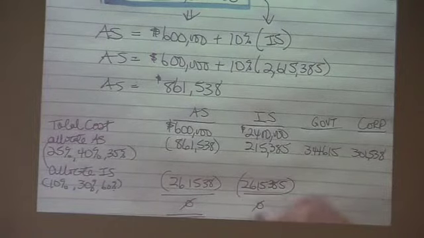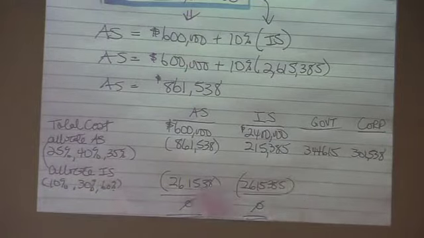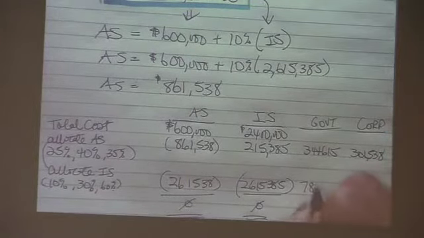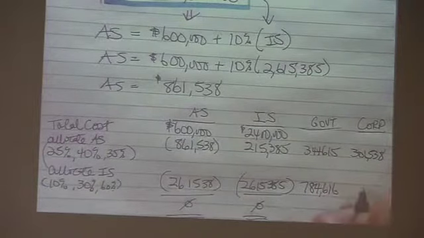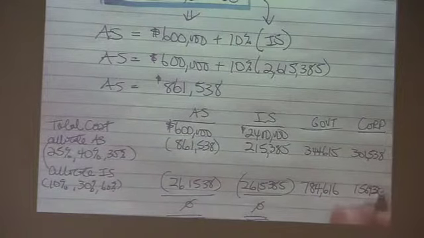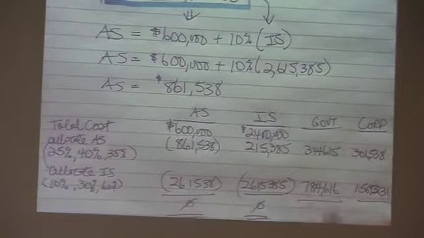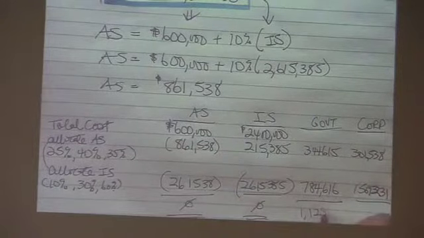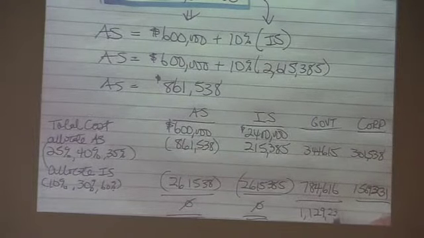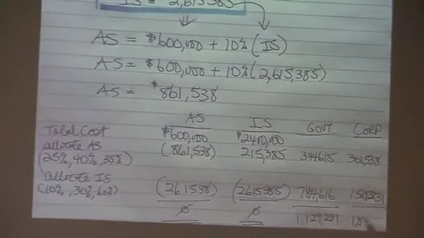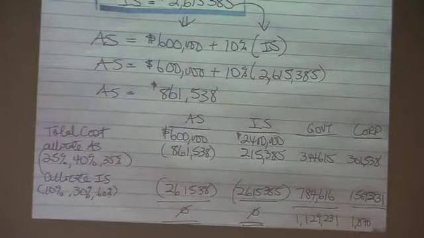So that one is 0, and then we allocate the rest at 30% and 60%. The sum of this is 1,129,231, and this one is 1,870,769.